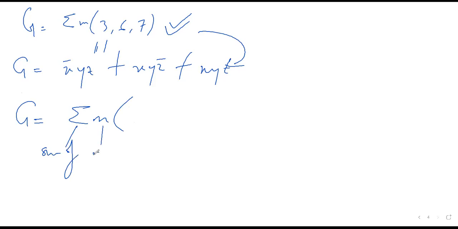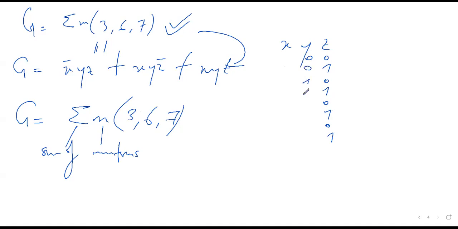Sum of min terms. Which min terms? Min term number 3, min term number 6, min term number 7. If I have 3 variables x, y, z, each 0 or 1, it means I have 8 possible outputs.